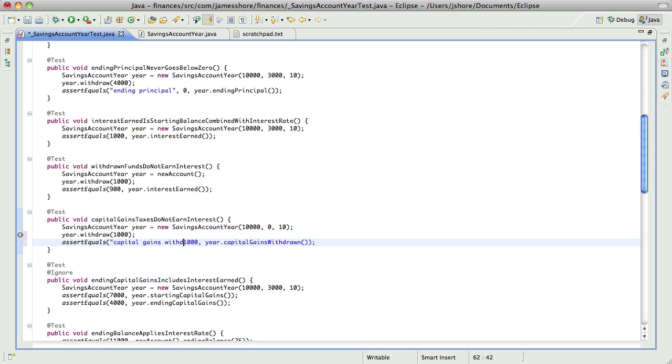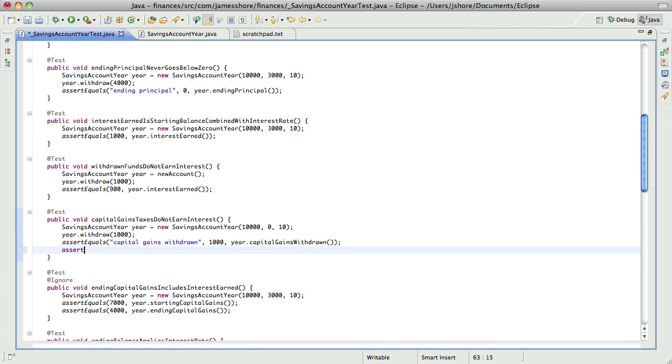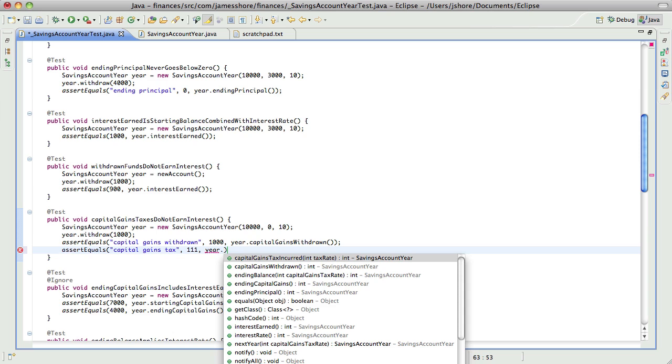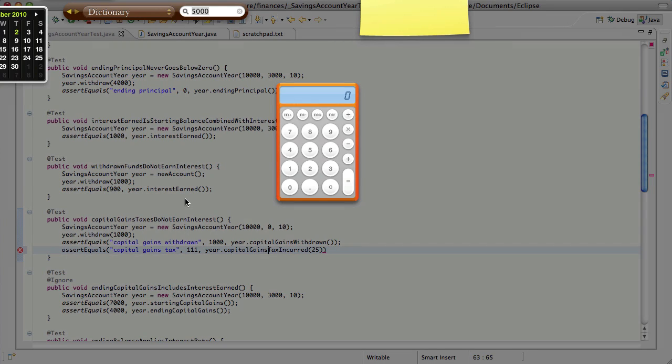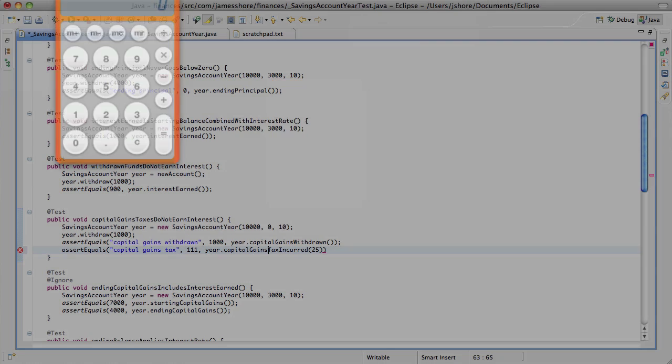Gains withdrawn is going to be 1,000, which means that the capital gains tax should be 111. At an interest rate of 25. So actually, what is it at an interest rate of 25? 1,000 divided by 0.75, 333.